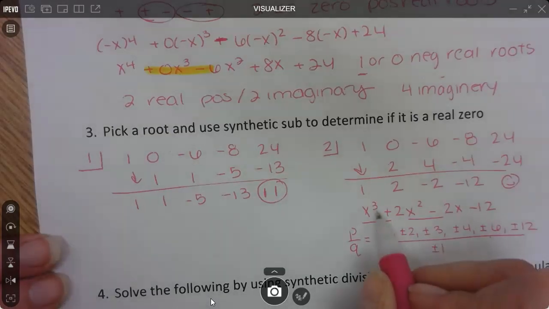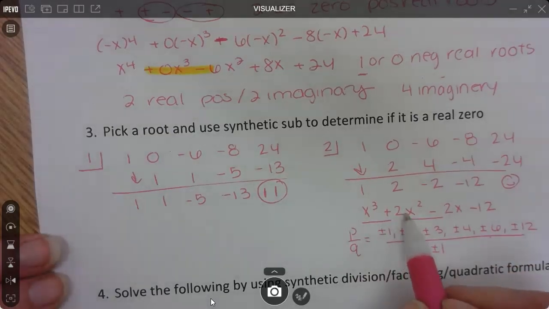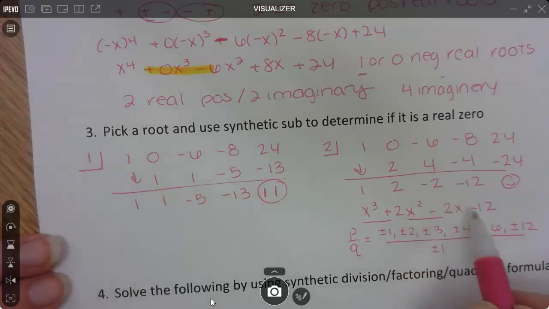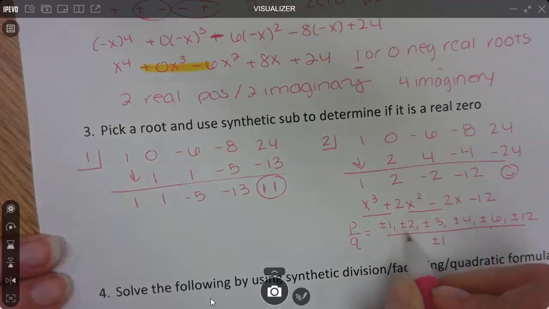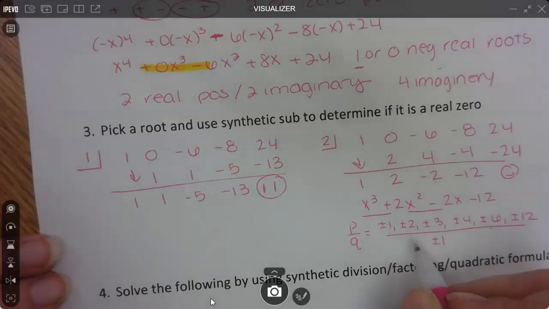So looking back through these, I'm going to say, okay, what's 1 plus 2? That's 3. 3 minus 2 minus 12 is not going to be 0, so 1 doesn't work. Now you could have a repeated root, so 2 could work again. So maybe I try 2 again, but I'm going to try 2 with my new factored form.